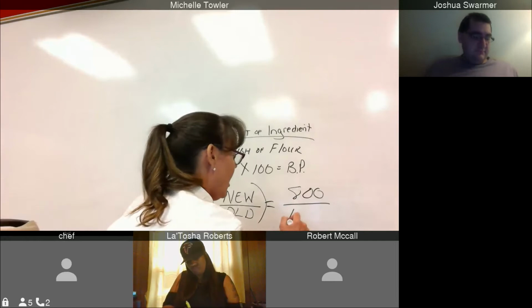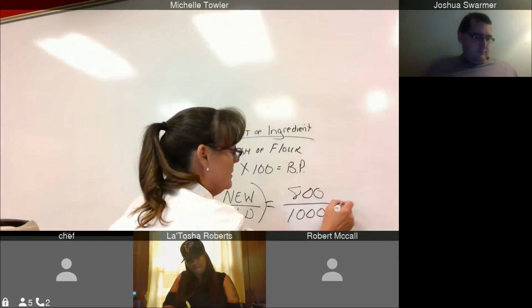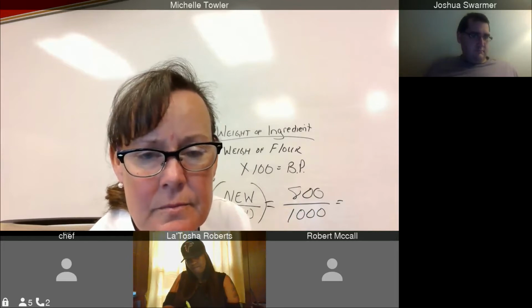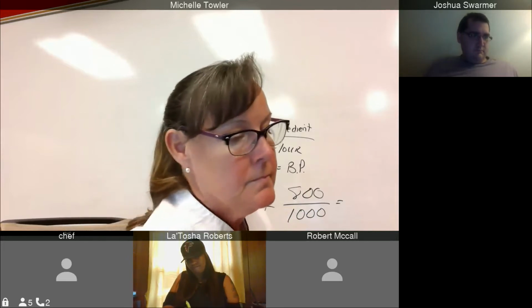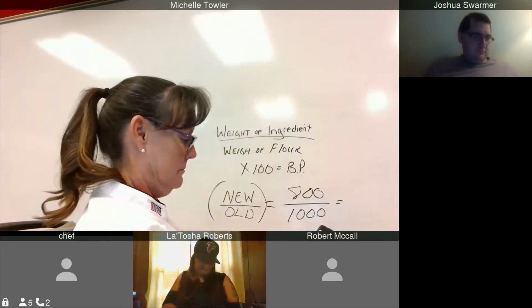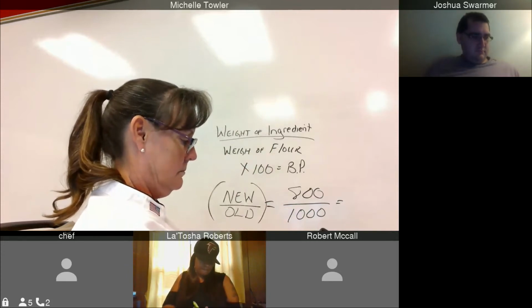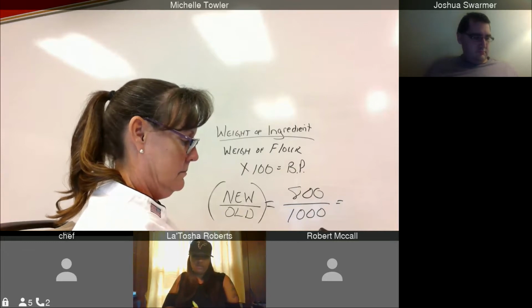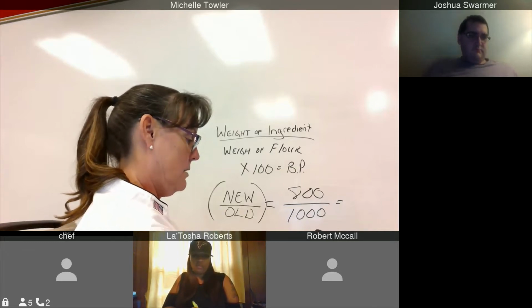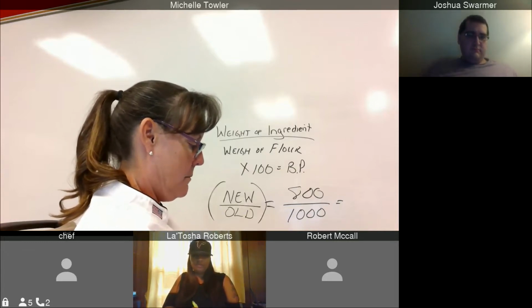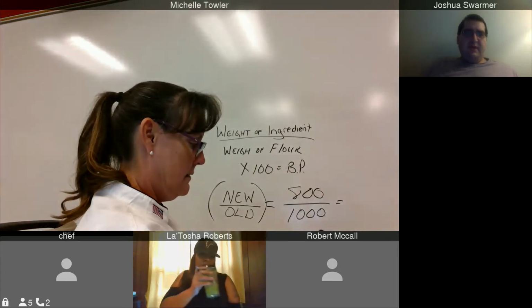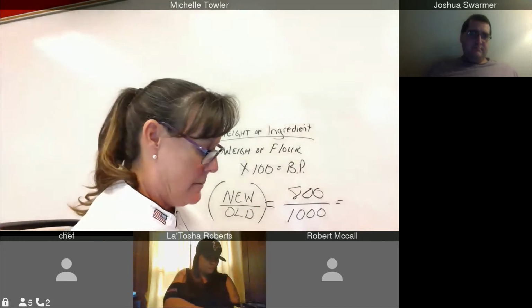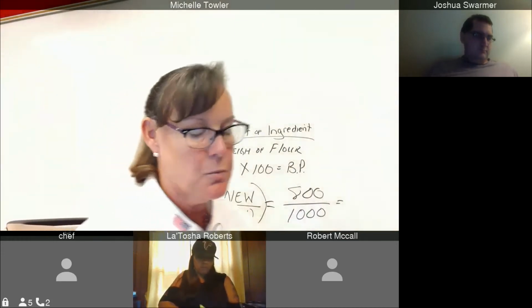So what's 800 divided by 1,000? 0.8. It's just 0.8.